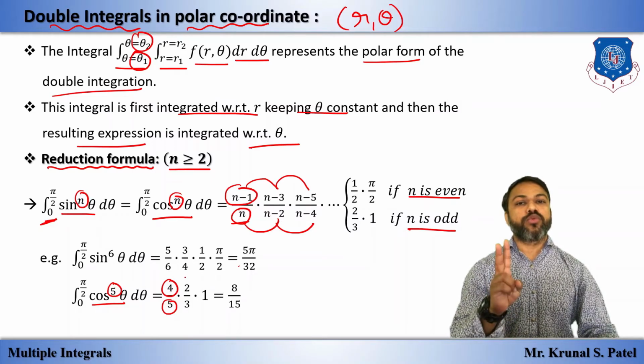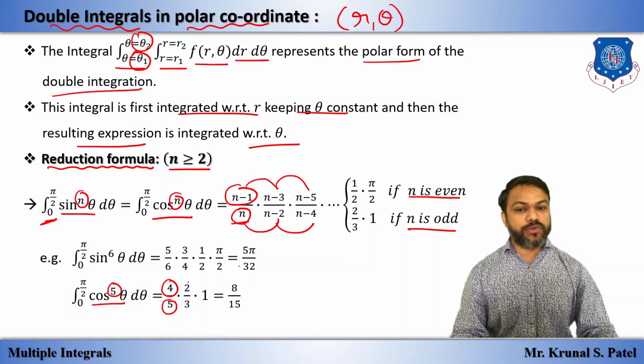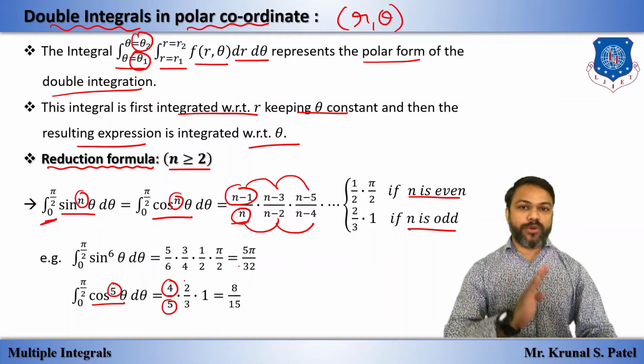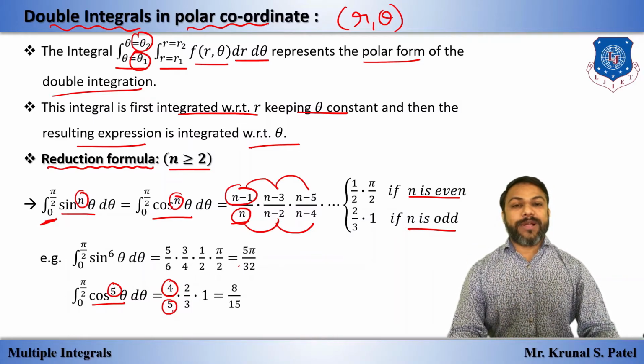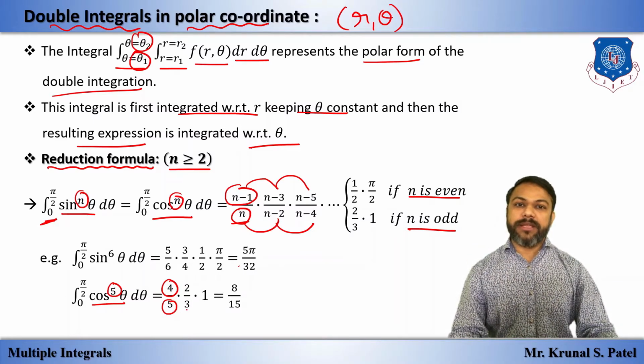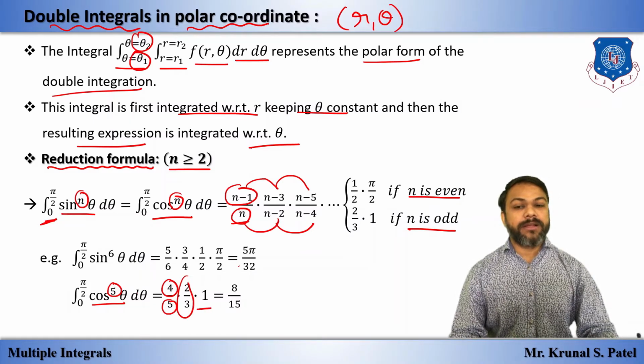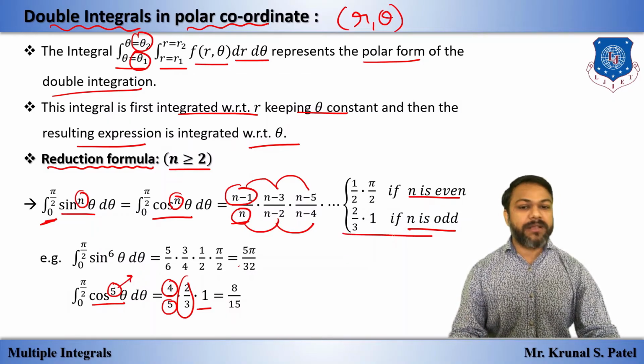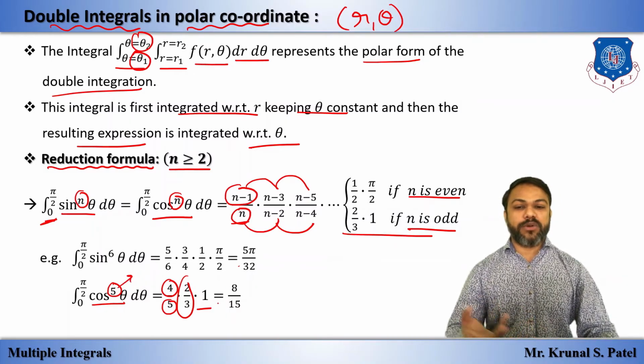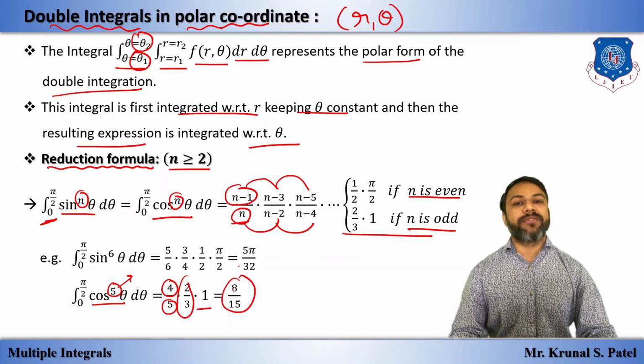Then subtract 2 each time: 4 minus 2 is 2, and 2 minus 2 will be 0, so no need to go further. And 5 minus 2 is 3. Stop, it is 2 by 3. So we multiply by 1, and the power is odd as we have discussed here. By canceling out and simplifying, we have the final answer 8 by 15.